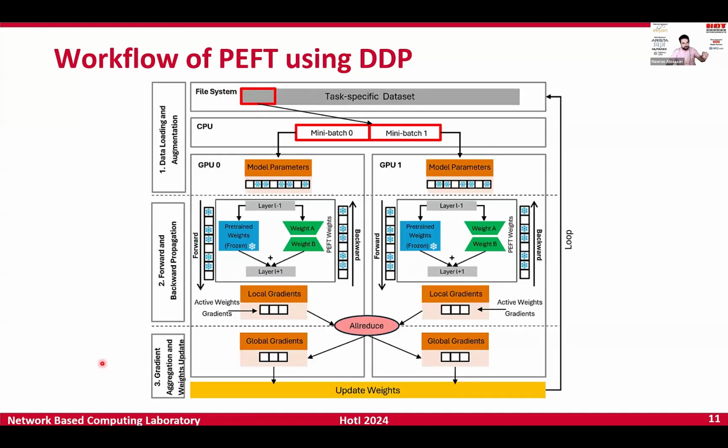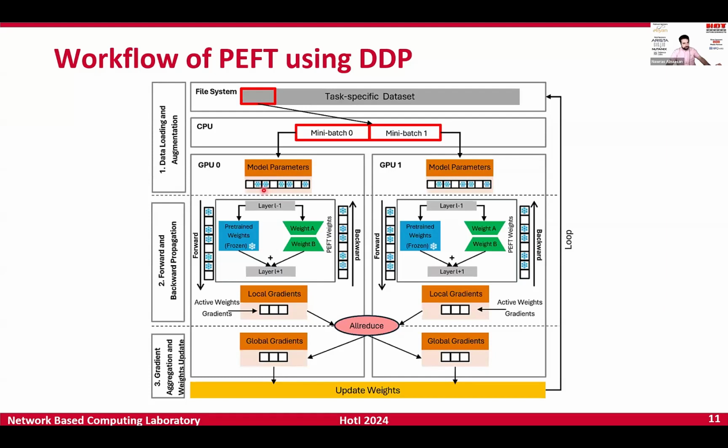But briefly, this is the workflow of PEFT with DDP. This example shows two GPUs where we have the data set on the file system. We take a batch, we divide it into two mini batches. Each GPU will take part of the data. GPU 0 will have a replica of the model, similar to GPU 1, with most of the model weights frozen.